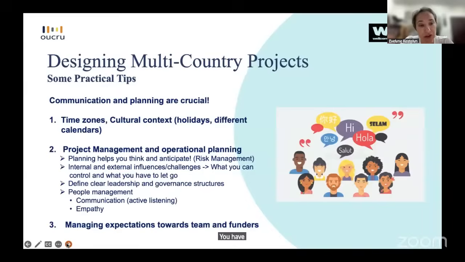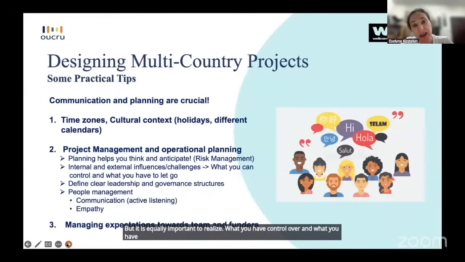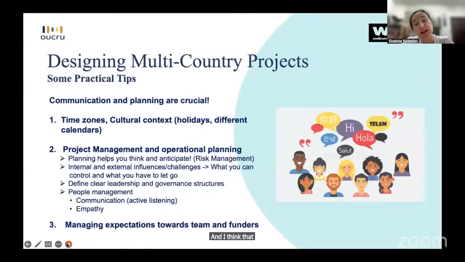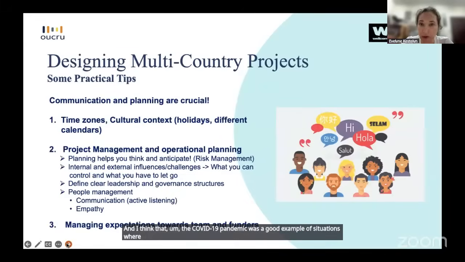You have internal, external influences. So it is important to think through that, but it is equally important to realize what you have control over and what you have to let go. And I think that the COVID-19 pandemic was a good example of situations where we could not control everything.